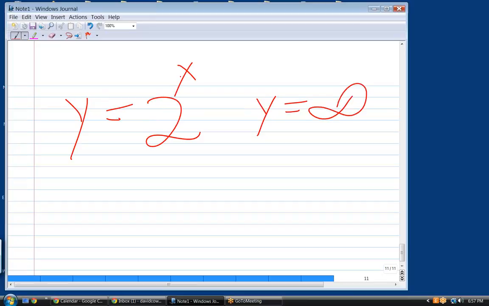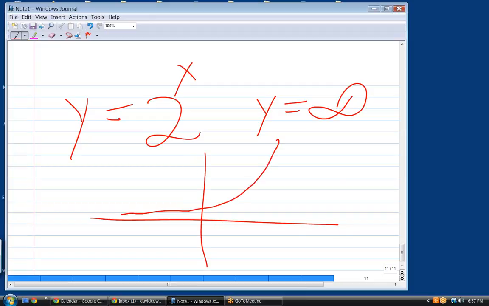What happens to y as x gets negatively big? In other words, as x goes to negative infinity, what is y going to do? Does it approach 0? Uh-huh. This curve looks just like all exponential curves. They're pretty much indistinguishable from e to the x.